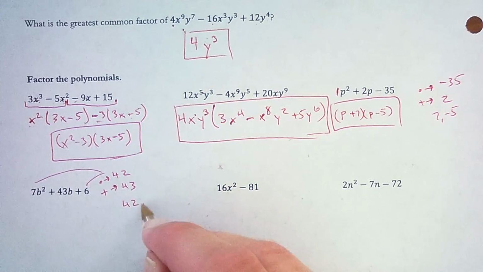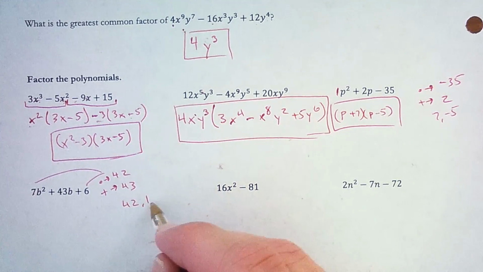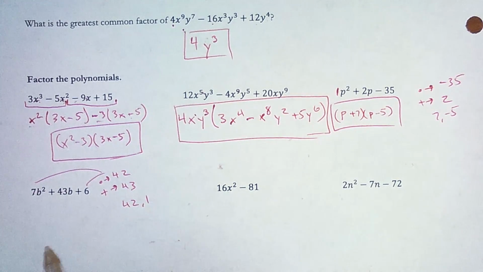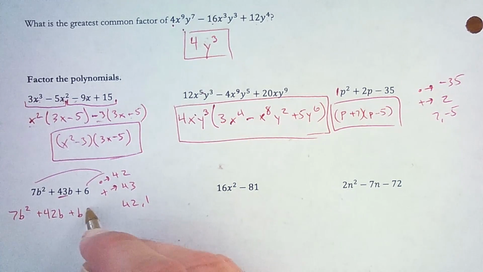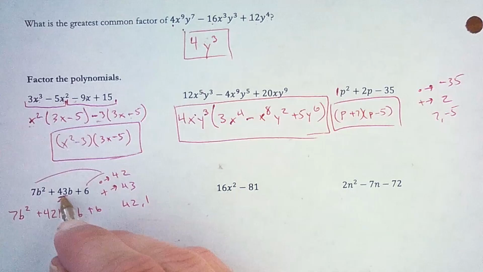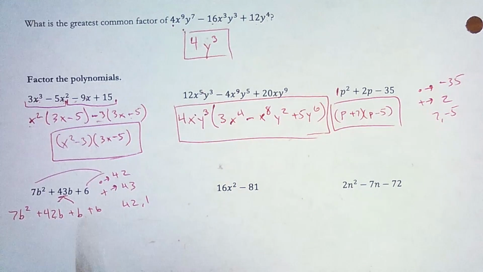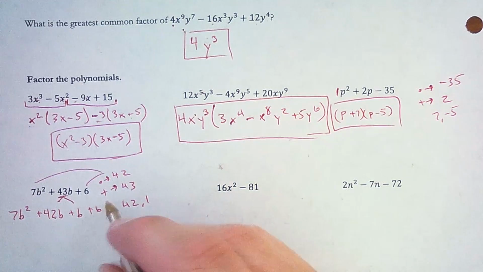And I think 42 times 1 is 42, and 42 plus 1 is 43. So we are going to take this 43 here and split it into 42 plus 1. So we've got 7b squared plus 42b plus b plus 6. So the 43b became 42b plus 1b.